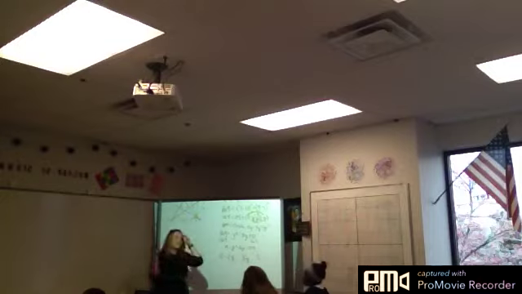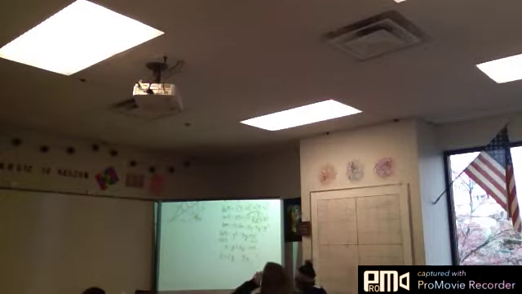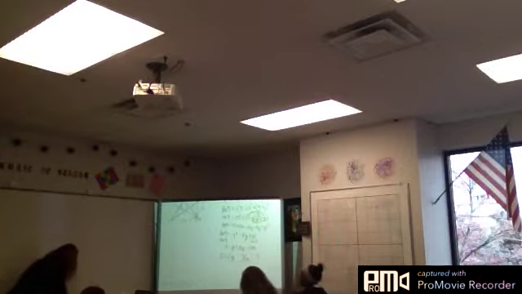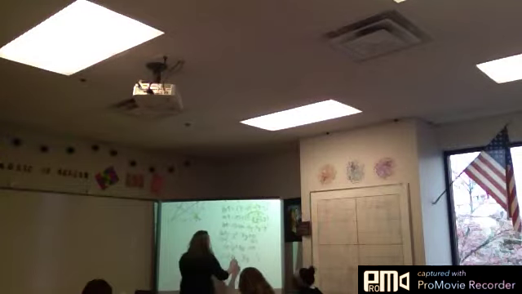What multiplies to give me negative 128 and adds to give me negative 8? It has to have a minus and a plus. 8 and 16.